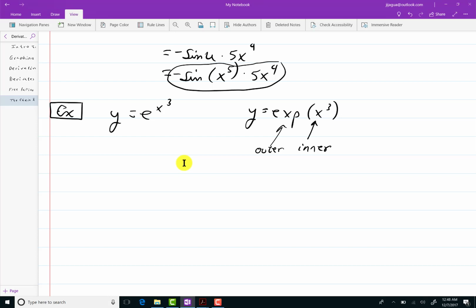So, my inner, u equals x cubed, and my outer, y equals e to the u.